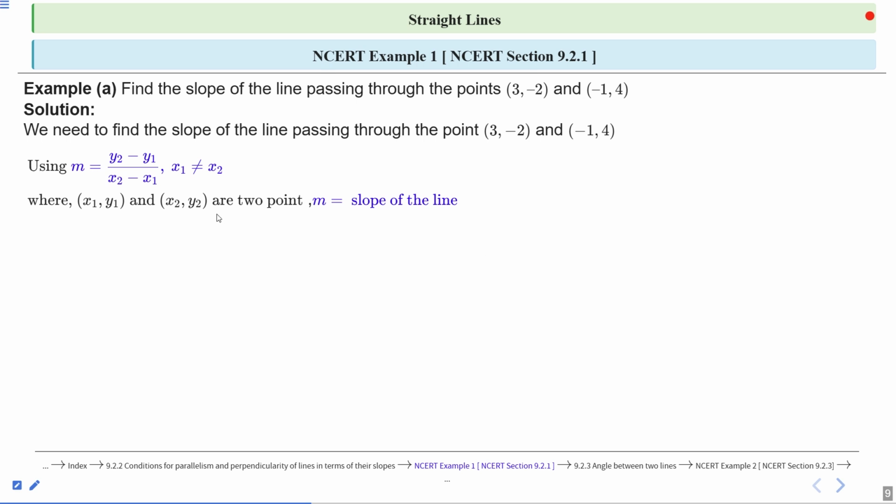We can apply this formula when the line is given passing through two points.